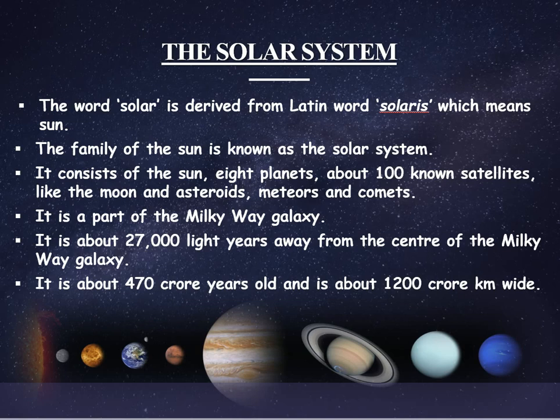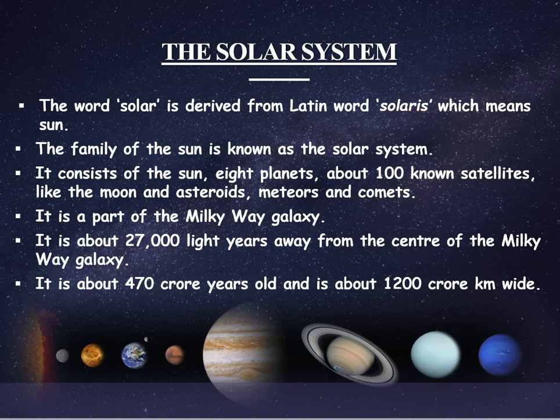It is a part of the Milky Way galaxy and it is about 27,000 light years away from the center of the Milky Way galaxy. It is about 470 crore years old and is about 1200 crore kilometer wide.